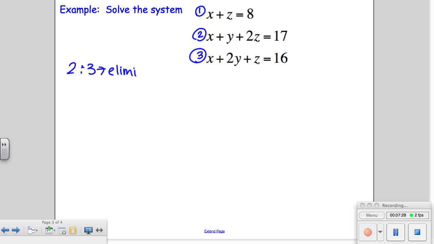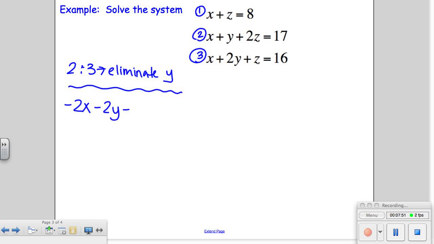And this time, let's eliminate the y. So we have x plus y plus 2z. To eliminate the y, I'm going to have to take that first equation and let's multiply by a negative 2.